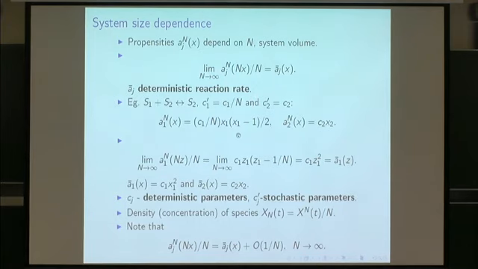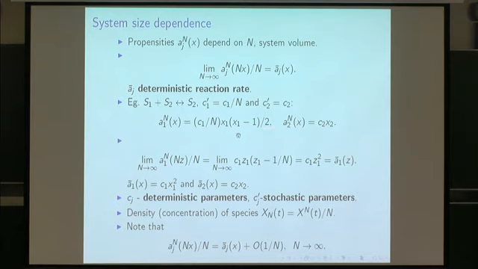If you take this example where you have a bimolecular reaction, the parameter should depend on the volume inversely. The reason is, for one molecule to find the other one, it's going to be inversely proportional to the volume. Whereas a monomolecular reaction doesn't have that thing here, this one. So you would have this limit.